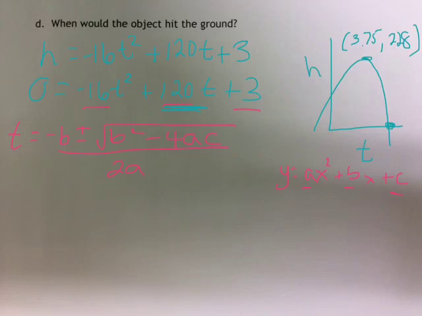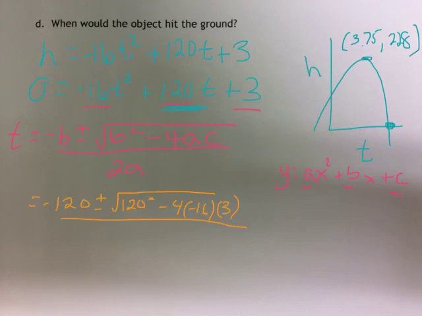All right, so negative b is the opposite of b, so that's negative 120 plus or minus the square root of 120 squared minus 4 times negative 16 times 3, over 2a.